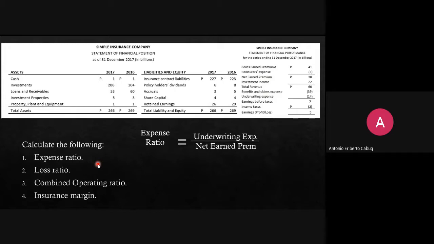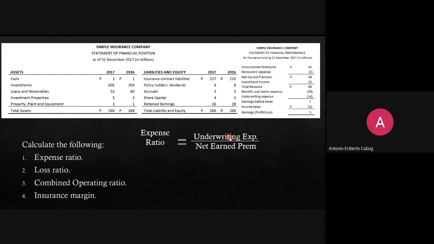Yes? Anong sagot mo? Okay. Nawala yung mic. Naka-on yun ah. May nag-chat? Okay. Mr. Matiani, 2, 1/2. Okay. Underwriting expense over net earned premium. So what's the expense ratio?